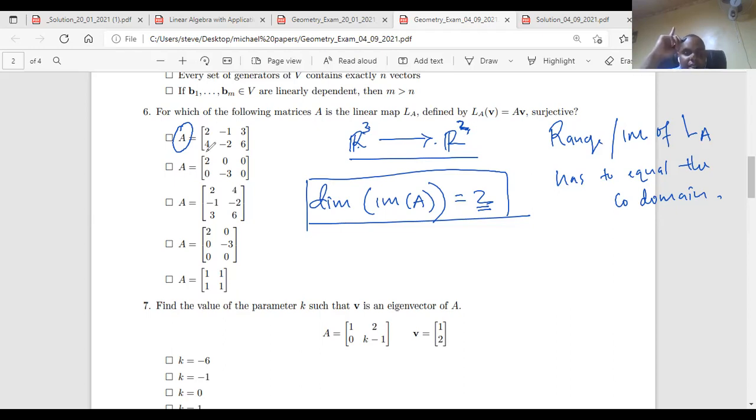We said that the image of A is the column space of A. We can create the image of A using the linearly independent columns as our basis.